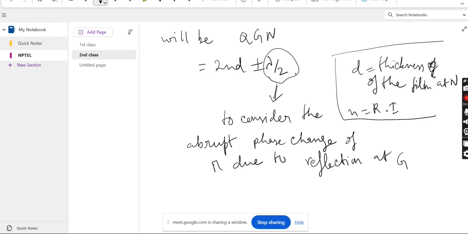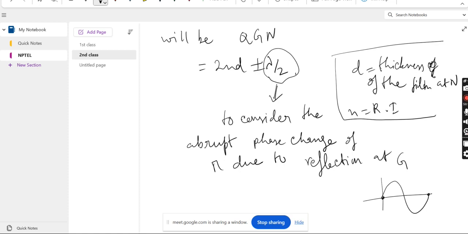You may ask why, when the phase change is pi, we are adding lambda by 2, not lambda. Because this is a light wave, right? This point and this point have the same phase. After 2 pi the phases are the same, like they are at 0.